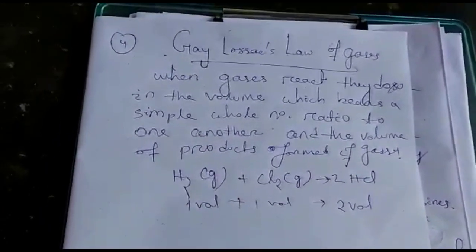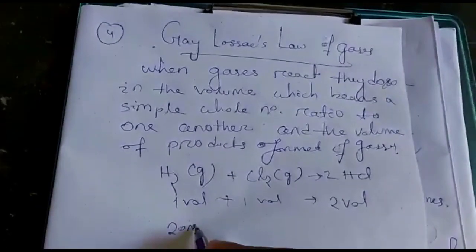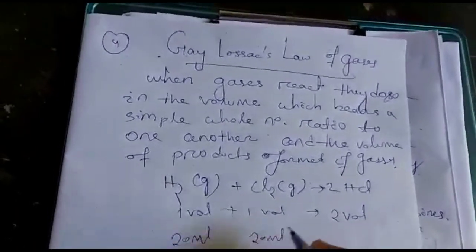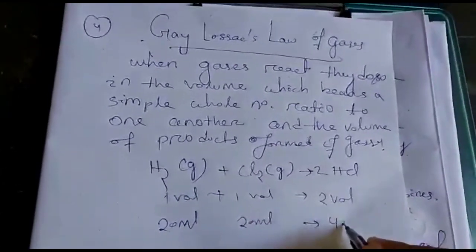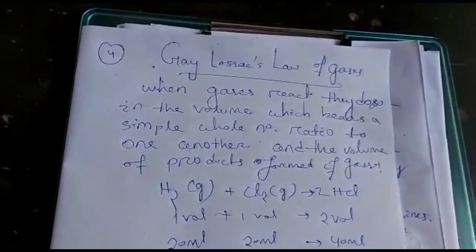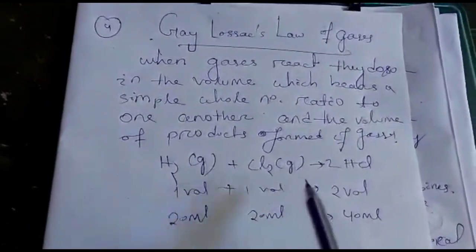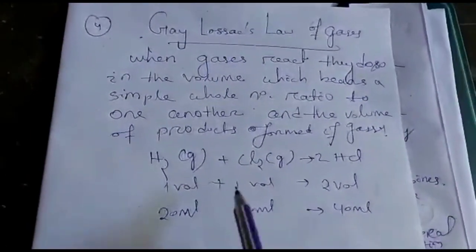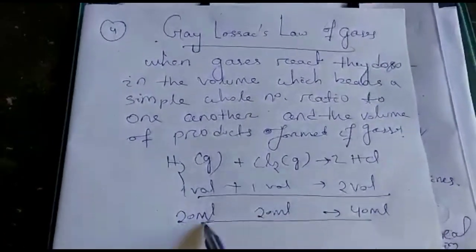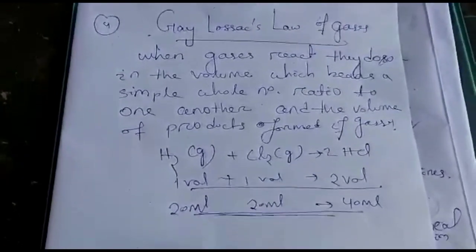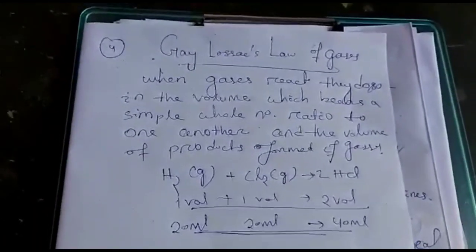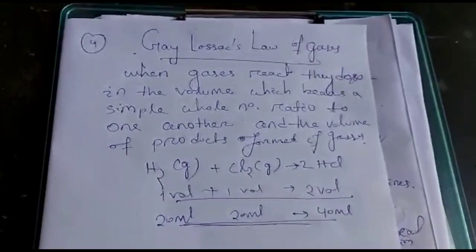If it is 20 ml of H2 and 20 ml of Cl2, then you will get 40 ml of HCl. So this is the Gay-Lussac law. It is always defined for gases and their volume in the gaseous state. Now we will discuss one more law, known as Avogadro's hypothesis.